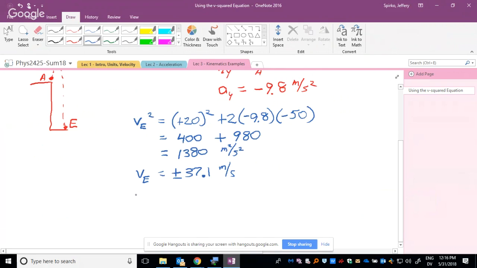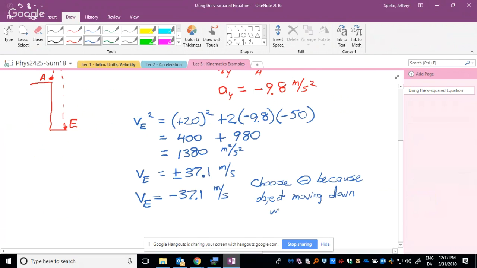So VE is equal to minus 37.1 meters per second. And we choose the minus because the object was moving downwards.